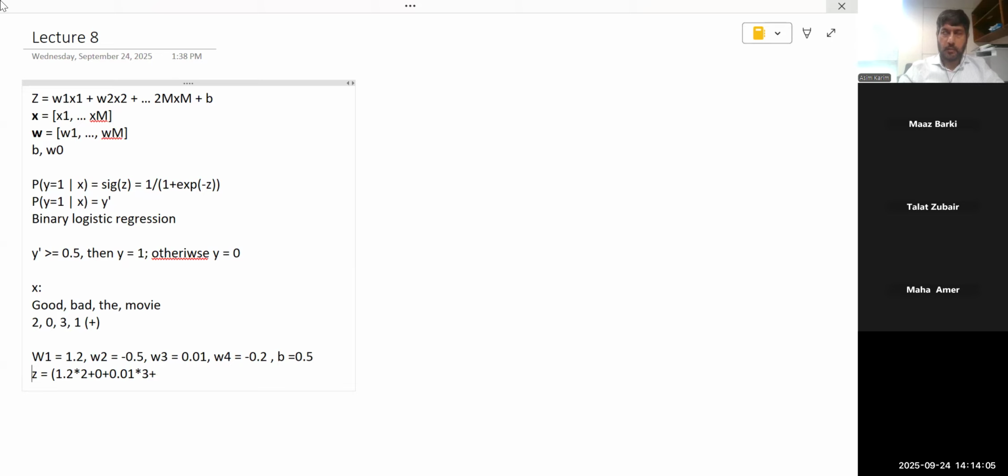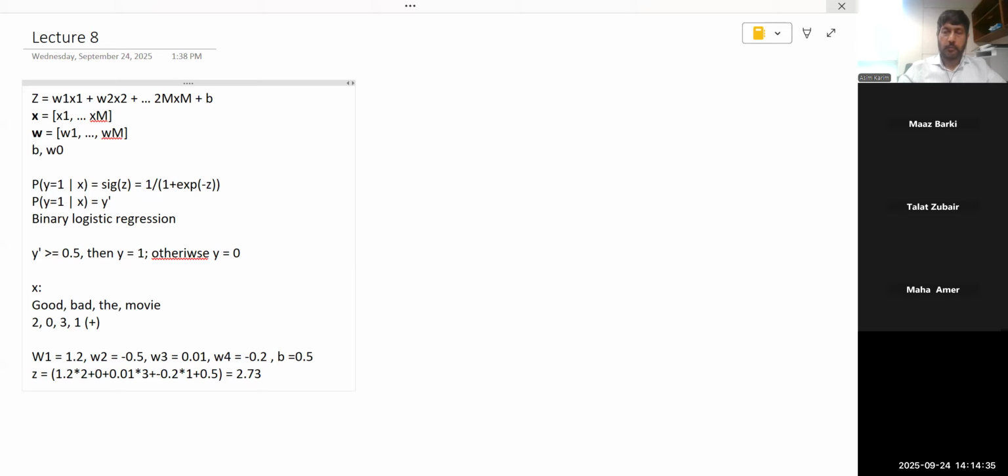Minus 0.2. Okay. So minus 0.2 into the count of movie, 1, plus 0.5. So we get 2.73. So this is the linear value, which is positive.